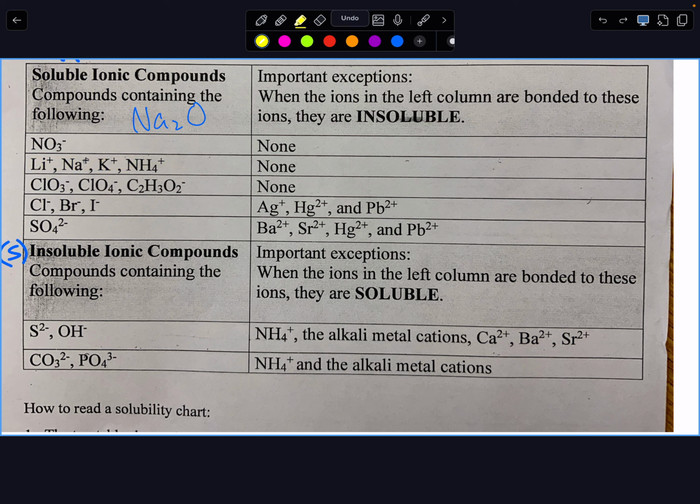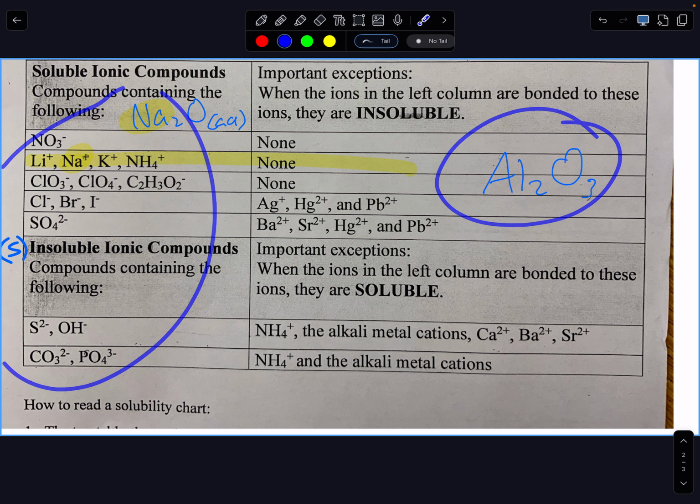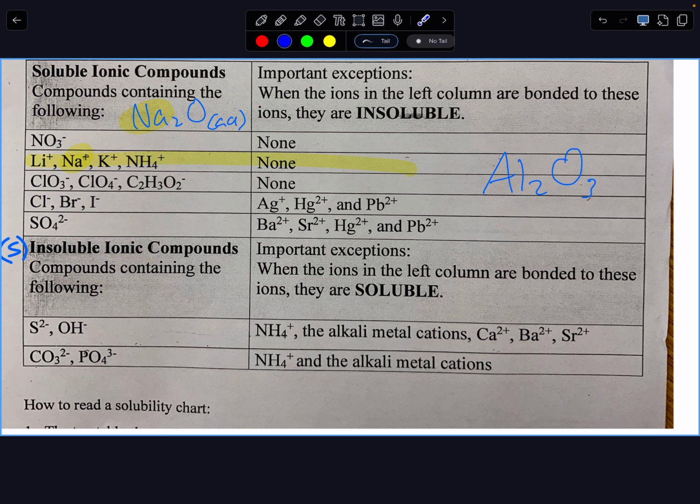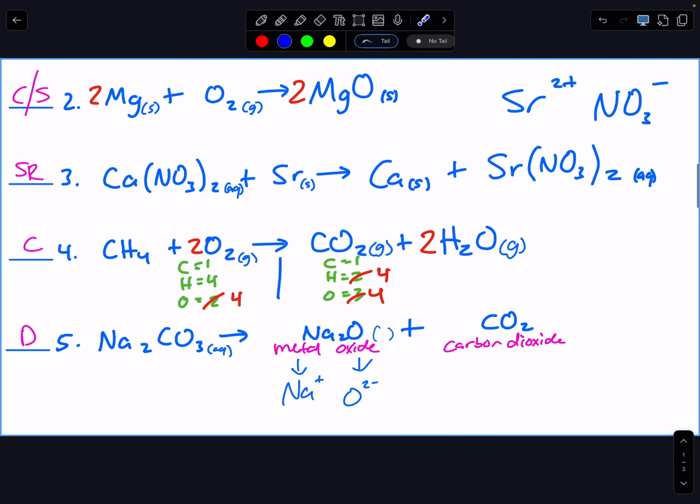Do you see Na? So it's in the chart. What does it say about Na? What's the solubility? Aqueous. But if I gave you Al2O3, is this here? No. So that one would be a solid, according to the bottom of your chart. Na2O is aqueous.